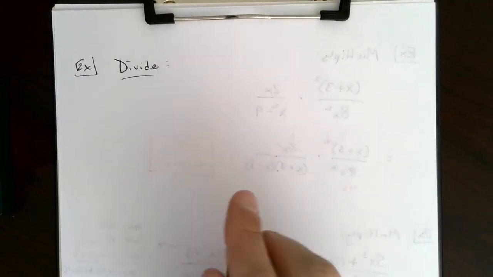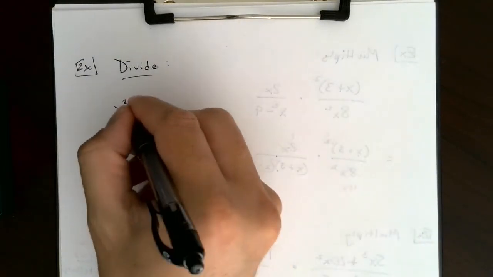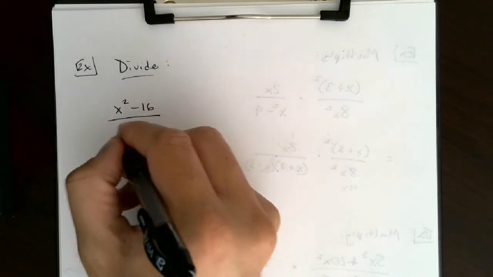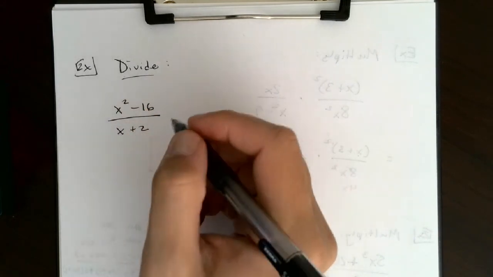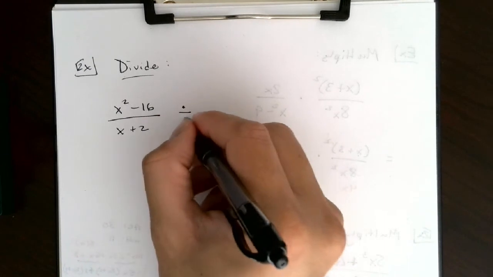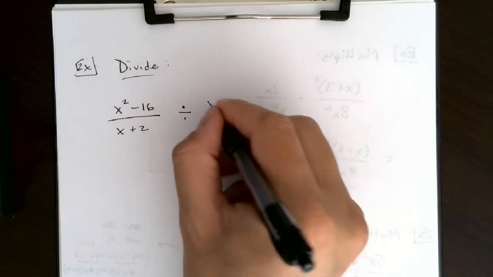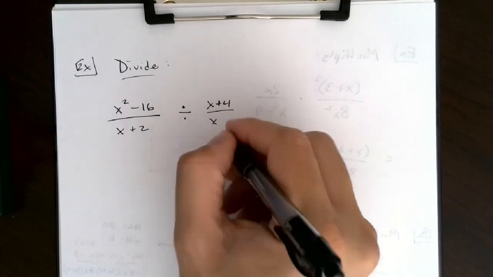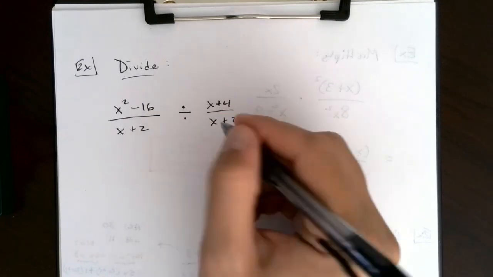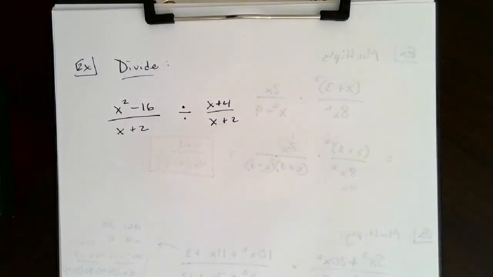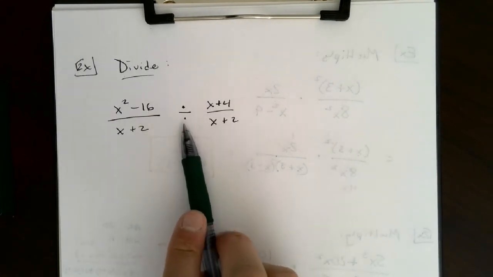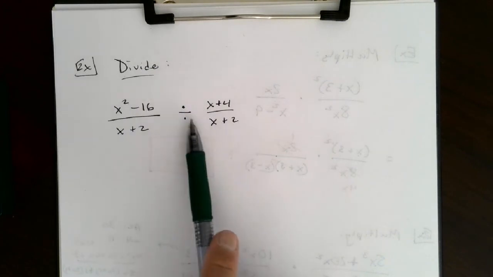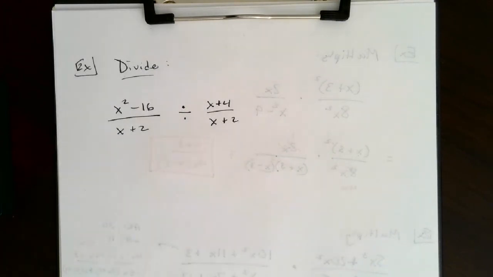If I said to divide, and I said I had x squared minus 16 over x plus 2, and we want to divide this by x plus 4 over x plus 2. Now remember, the operation's division here because it says divide in the center. So if you didn't see this, it just said perform the indicated operation. The division symbol is telling you what the operation is.